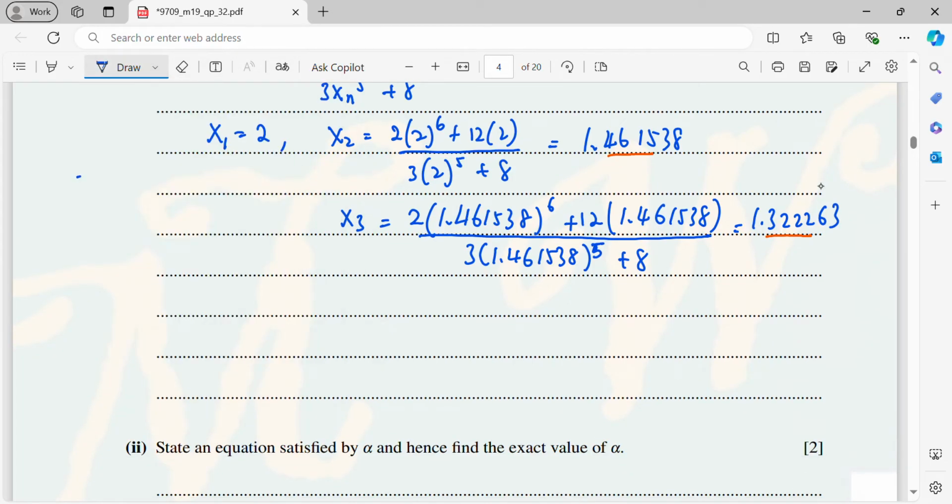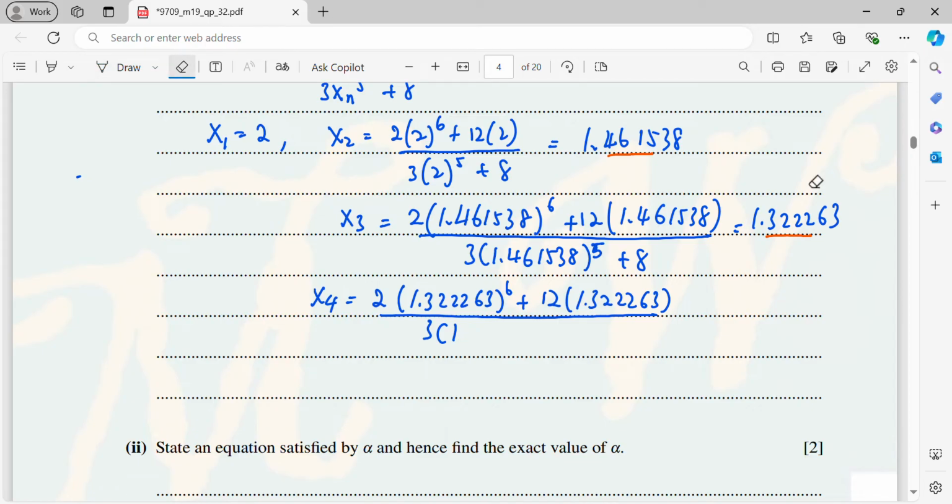So x4. So just replace the x by x4. Okay, then this is going to be 1.319508.